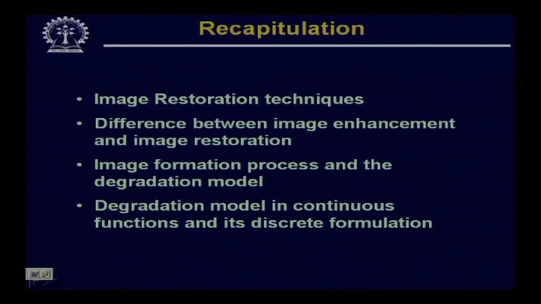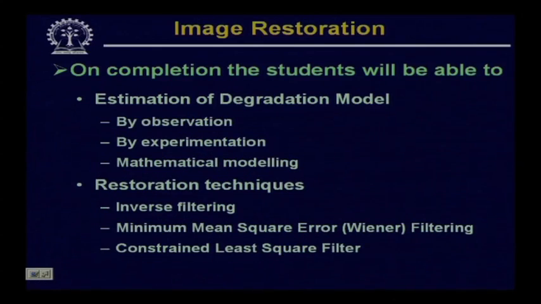Then we have seen an image formation process where the degradation is involved, and we have talked about the degradation model in continuous functions as well as its discrete formulation. In today's lecture, we will talk about the estimation of degradation models, and we will see that there are basically three different techniques for estimation of the degradation model.